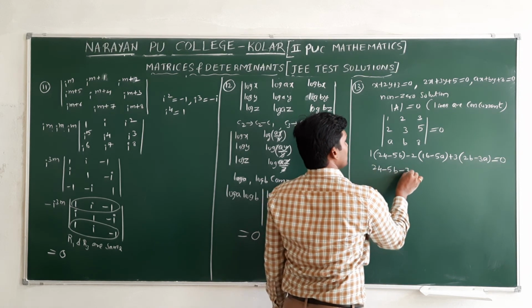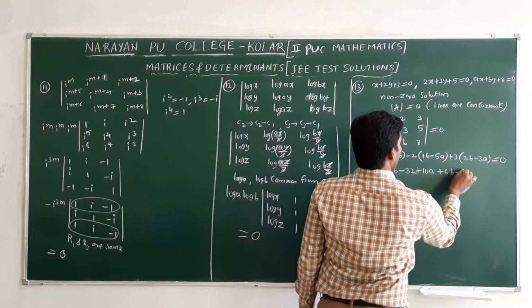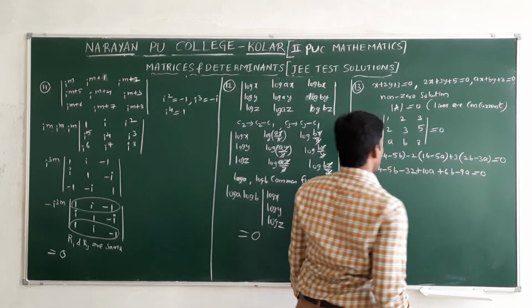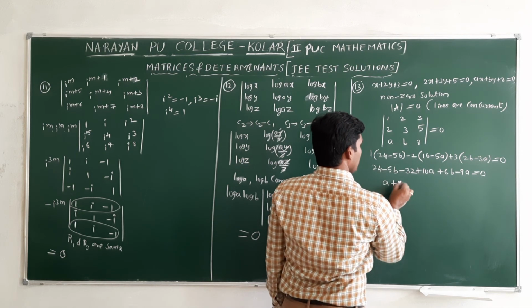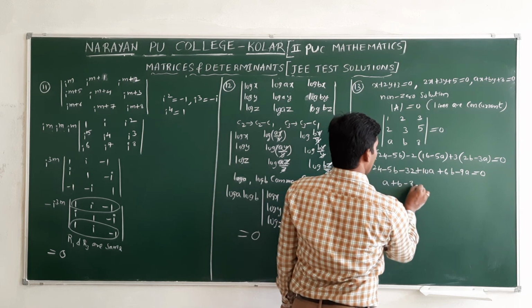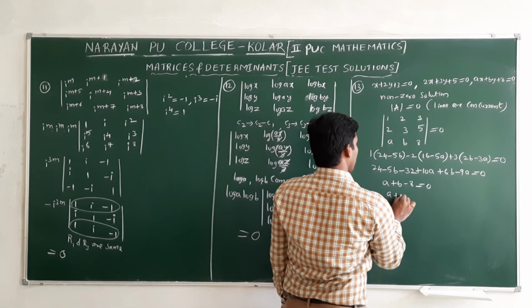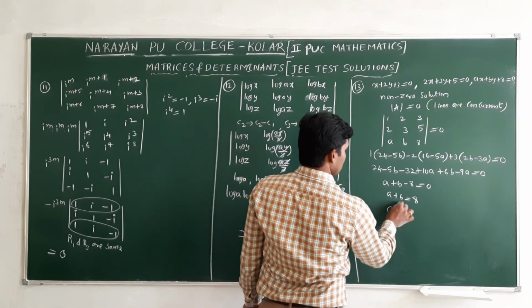That gives 24 minus 5b minus 32 plus 10a plus 6b minus 9a. First the a values: 10a minus 9a is a. Then 6b minus 5b is plus b. 24 minus 32 is minus 8. So a plus b value is how much? 8. That is option 2.